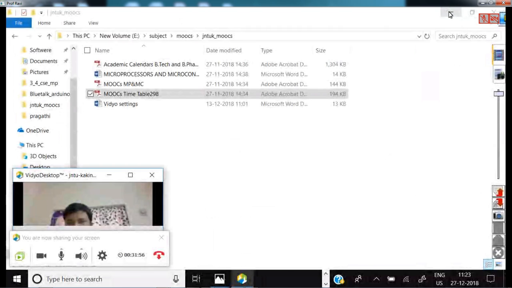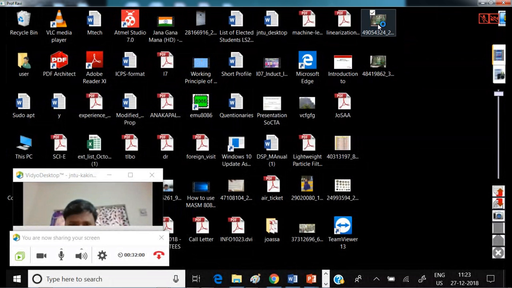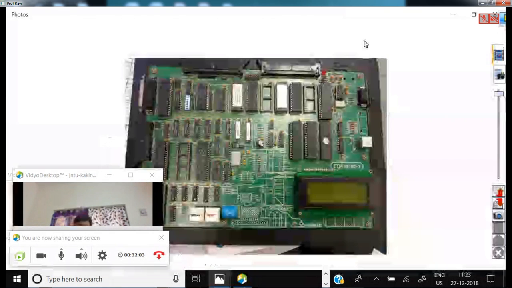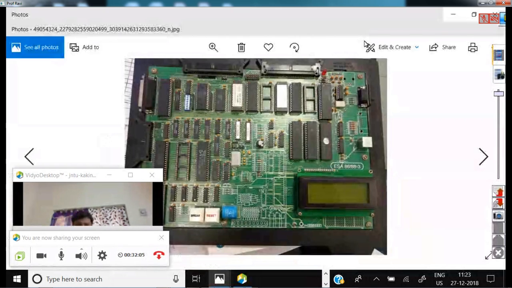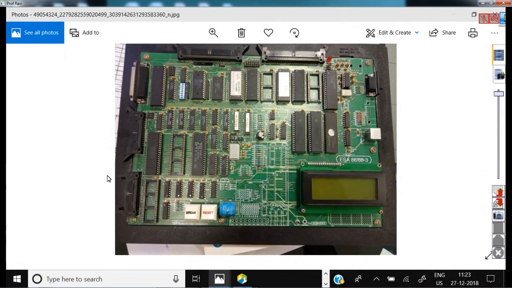Now if you go to your labs, you would be seeing one of these kinds of boards. This is an ESA board, which you generally use for programming your microprocessor. Mostly two types of boards are available in the market, one by Electro Systems and another by Anshuman Pune.